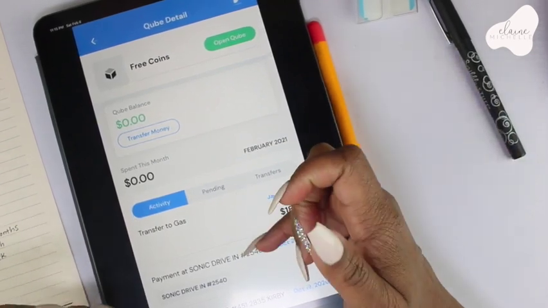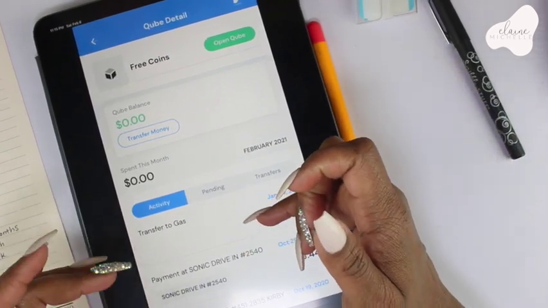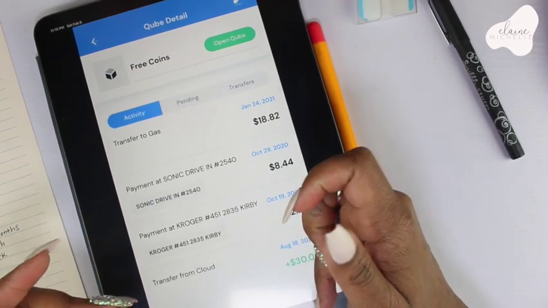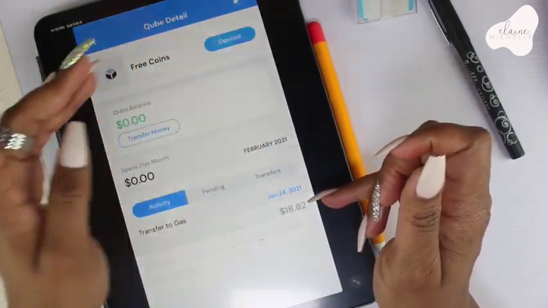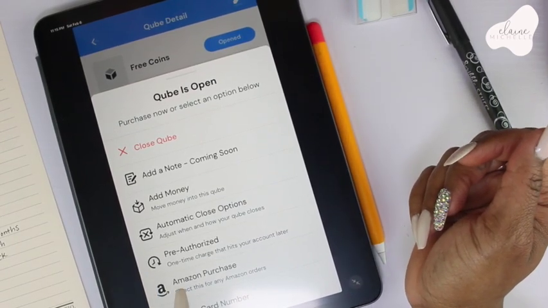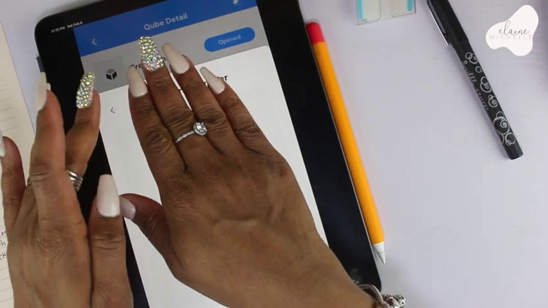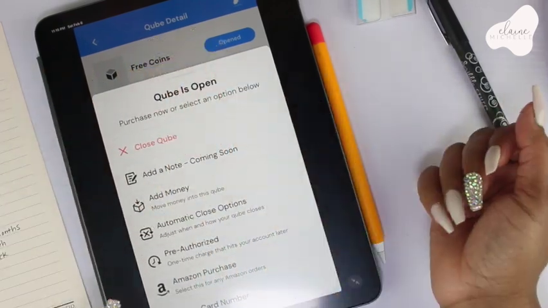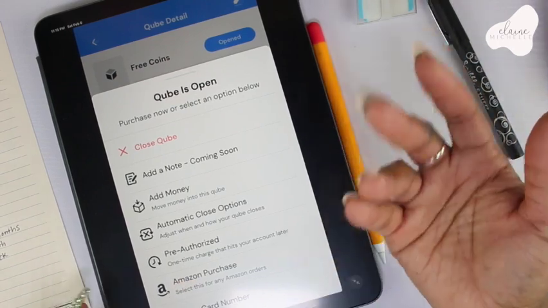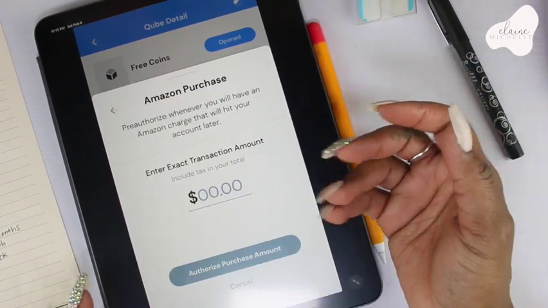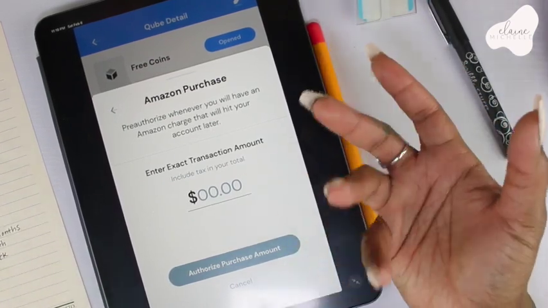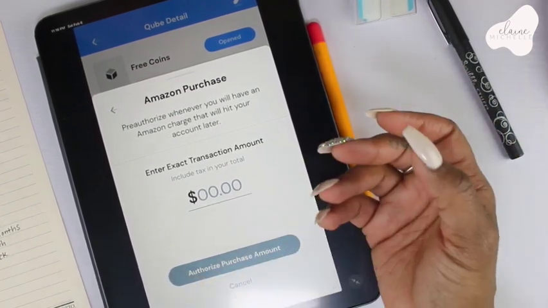So here, okay, so down here at the bottom you can do open Qube, and then if you need to purchase off of Amazon, you can select this for Amazon orders and it'll open it up for you. So select for Amazon orders and you can pre-authorize the exact transaction and it'll authorize the purchase amount so you can use it online.